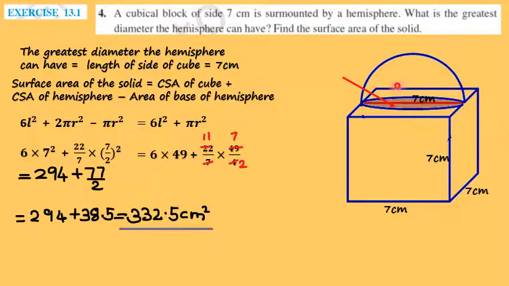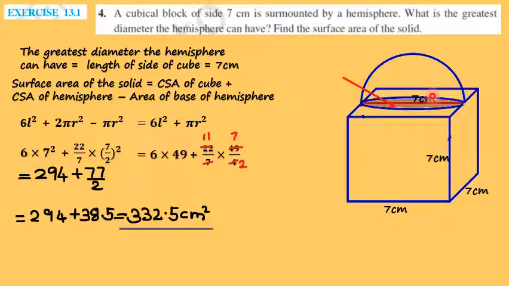So here only one thing you have to remember, that when you find the surface area of the solid, it is surmounted here. So this circular part of this hemisphere is kept down on the face of the cube. So that part area no need to count. So you need to subtract that. Just imagine that you cut a lemon and kept it on the top of a cube.